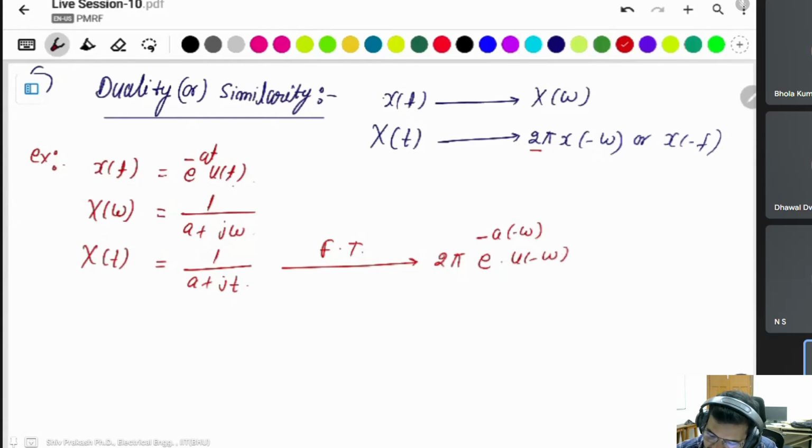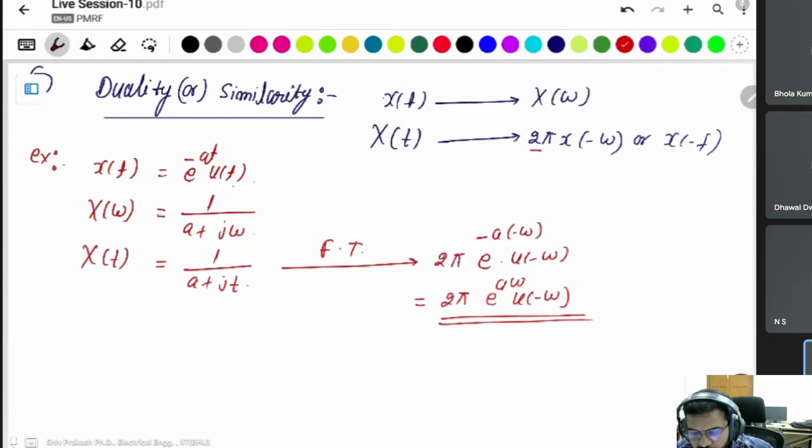That's it: 2π e^(aω) u(-ω). Simply, if in your question you see something like this that will be converted by a Fourier transform, then you can simply convert to the time domain and use this.